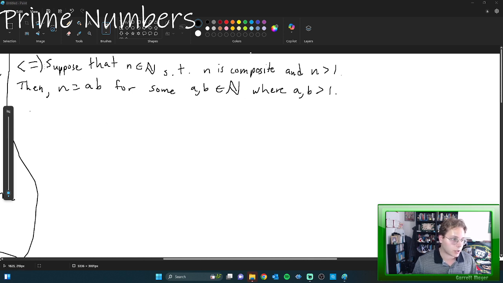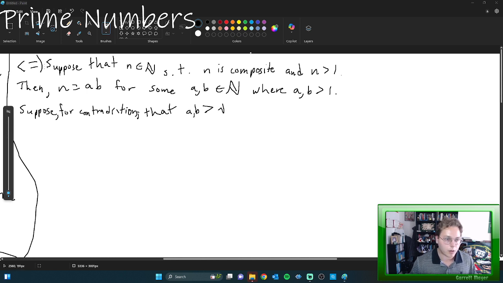Suppose, for the sake of contradiction, that both a and b are greater than the square root of n. Then ab is greater than the square root of n times the square root of n, which equals n.